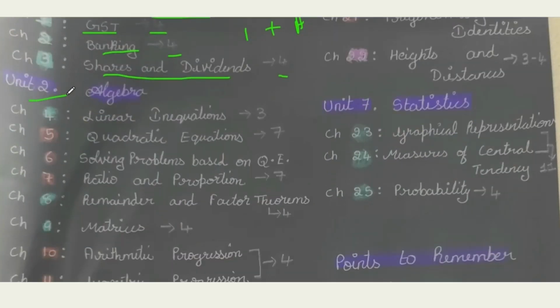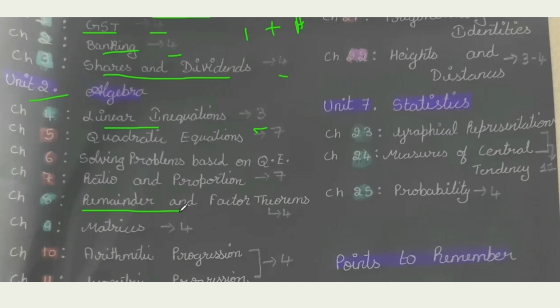And the next unit is algebra. So first I am going to discuss the compulsory questions. In this second unit we have linear inequations. This is a very easy chapter which is 3 marks. Okay, and remainder and factor theorem.